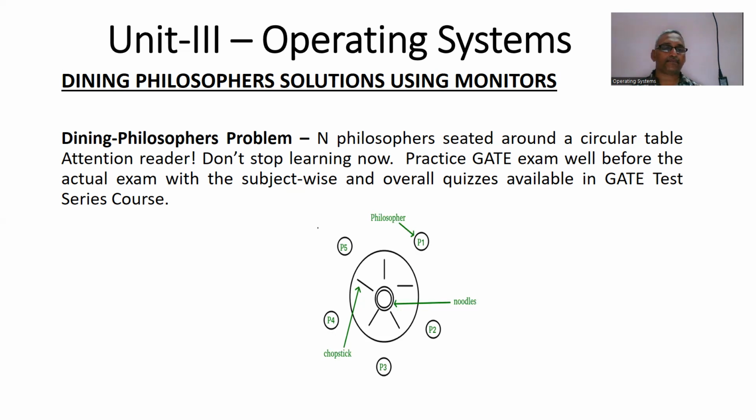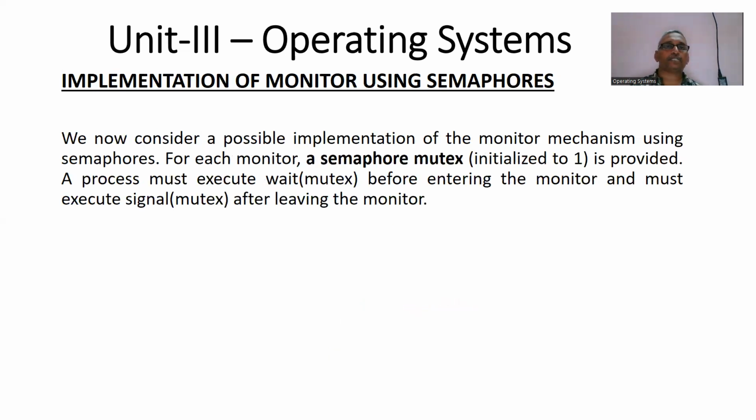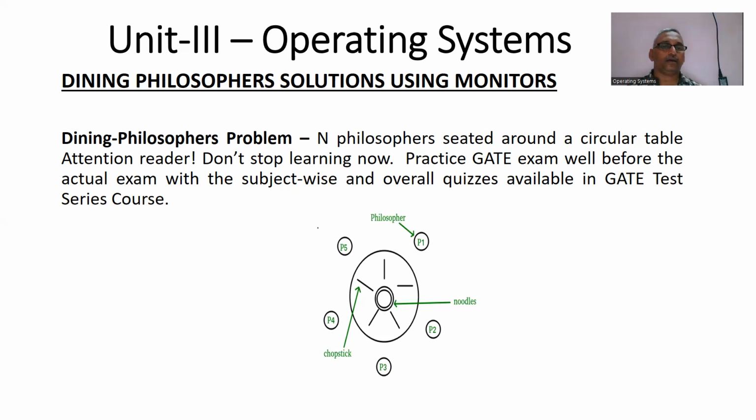Next one, dining philosopher solution using monitor. We illustrate monitor concepts by presenting a deadlock-free solution to the dining philosopher problem. Monitor is used to control access to state variables and condition variables. It only tells when to enter and exit the segment.